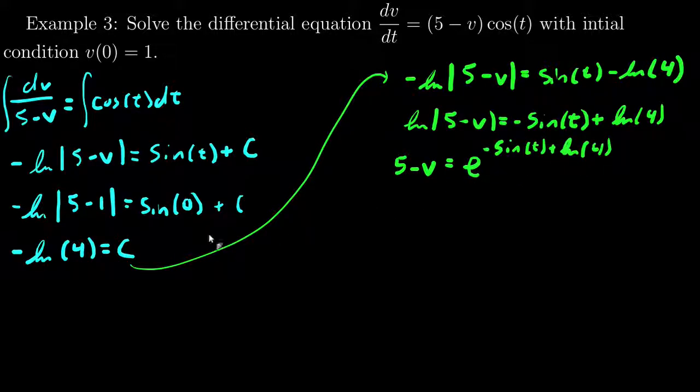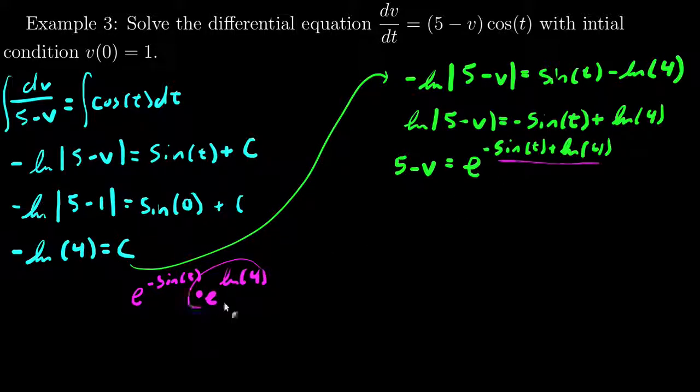But recall that, let me change colors, if I have the sum in an exponent, this is really e to the negative sine of t times e to the natural log of 4, because the product of exponentials is going to have the sum in the exponents.